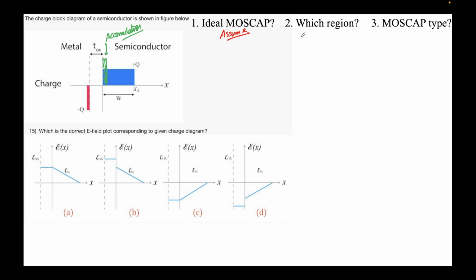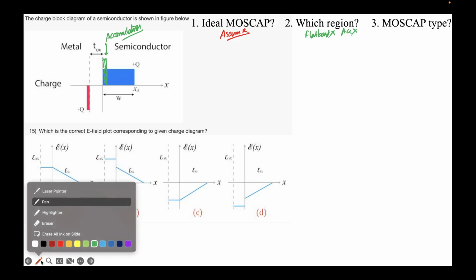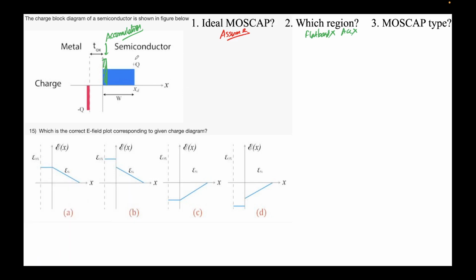Accumulation, again no, because accumulation would have charge on the interface. It's not there, it's spread out in the semiconductor over a width w. So it's depletion, because you can see depletion with width w. Inversion also has some depletion width, but if it were inversion, then there would also be some charge here, which I'm drawing in red.